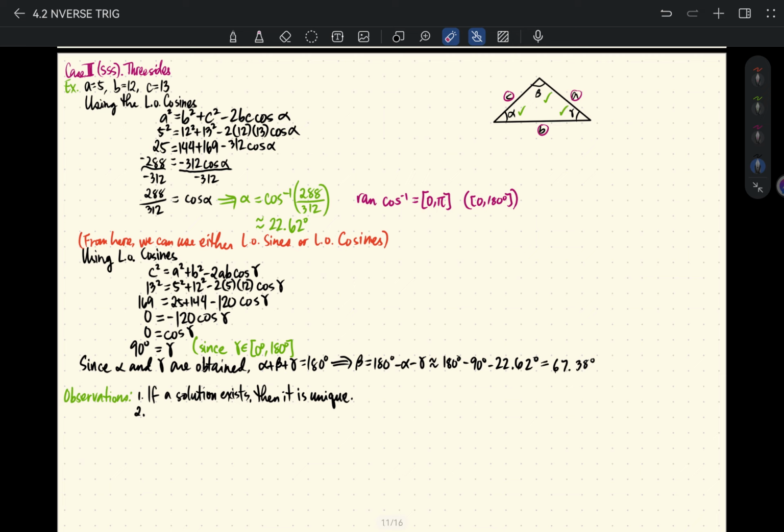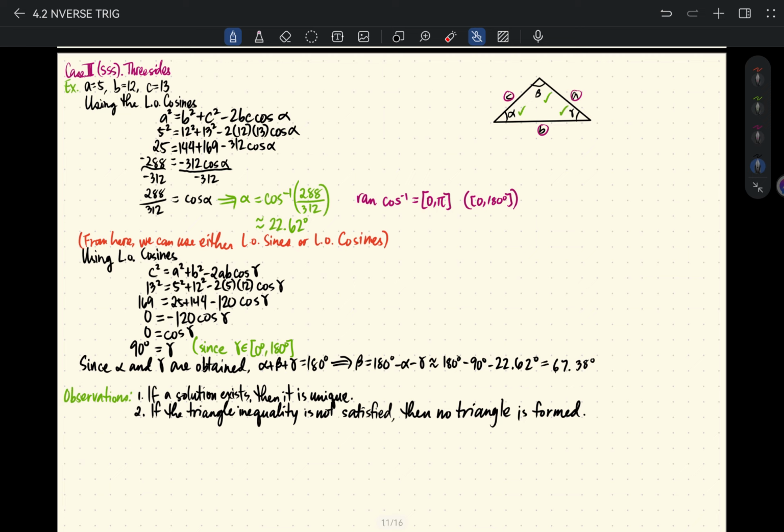And so, the contradiction here would actually come from the triangle inequality. So, if the triangle inequality is not satisfied, then no triangle is formed.